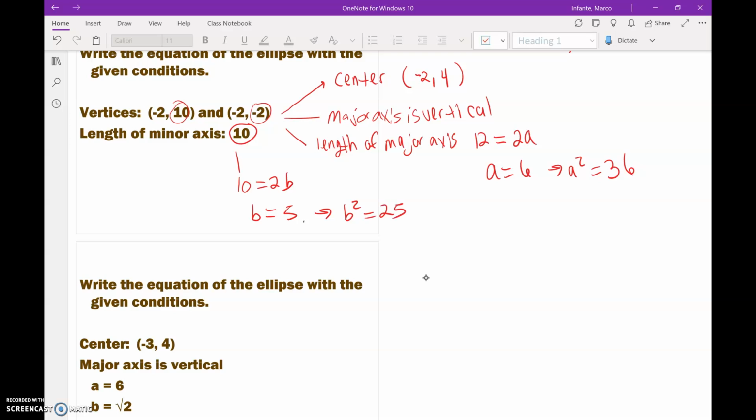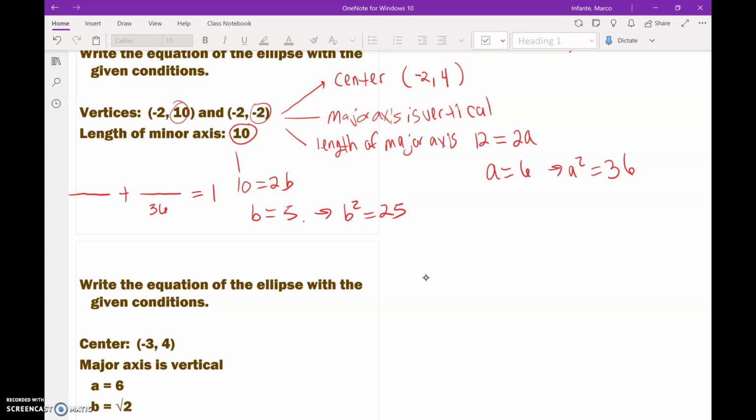So we know that the equation for this ellipse always follows this format, equal to 1. The major axis is in the vertical, right? So the major axis would be 36, a squared, and that goes attached to y.